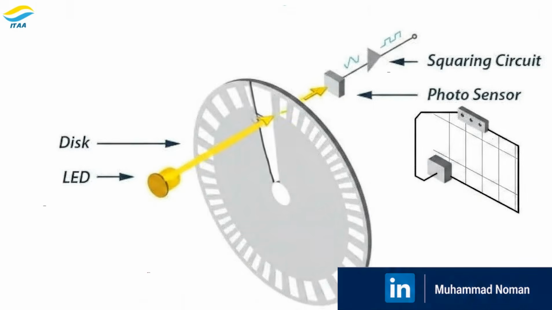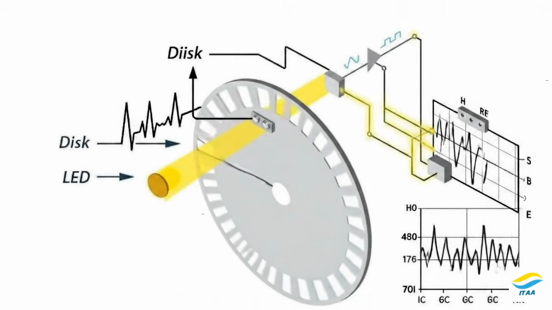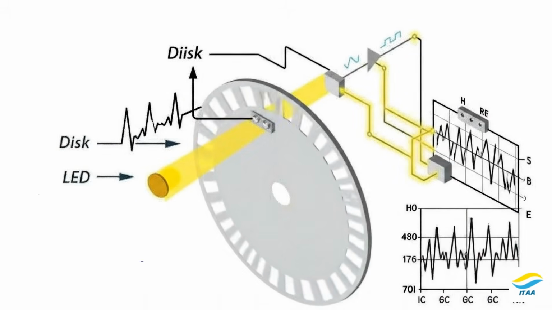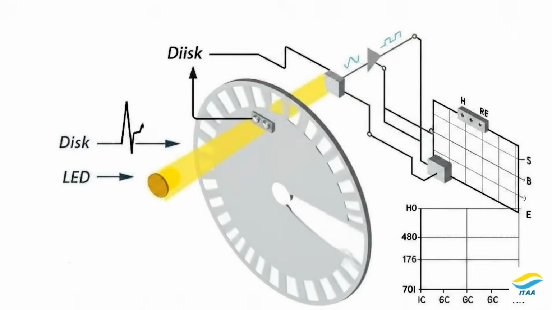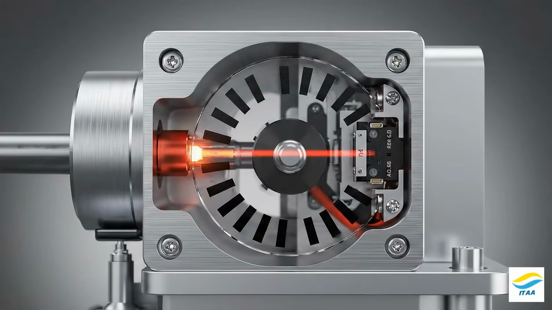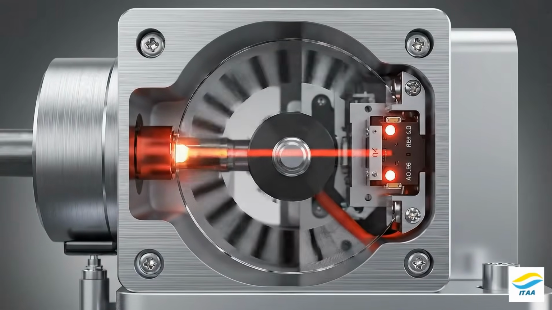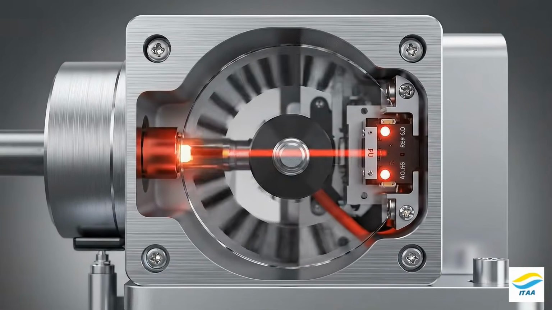On another side, a sensor reads this pattern and turns it into electrical pulses. Each pulse represents a movement. More pulses equals more movement. Faster pulses mean higher speed. That's how a system understands what's happening.